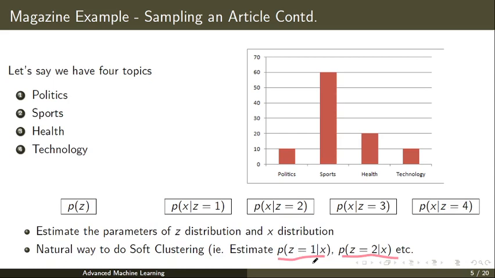For example, if this comes to 0.8 and this comes to 0.2, then it means that x is supposed to be in this category, the politics category. Just by applying it in the reverse way, that is, by applying Bayes rule, you can do soft clustering as well. We'll talk about it later. Soft clustering.